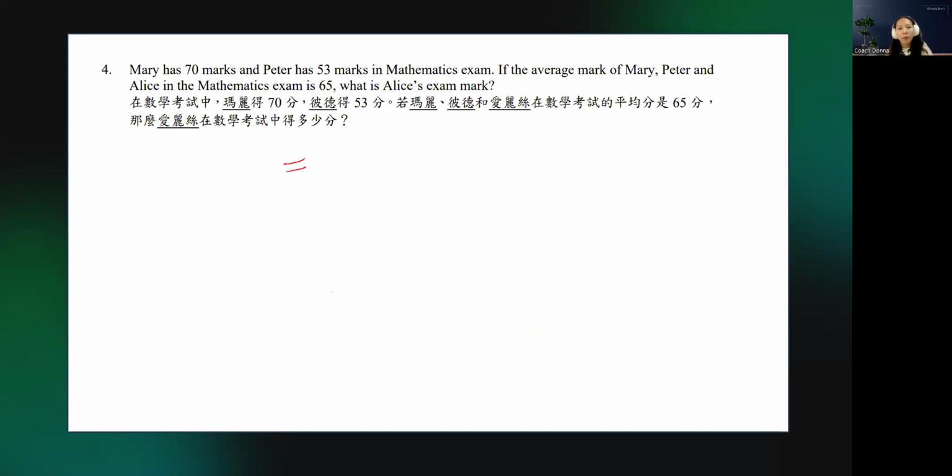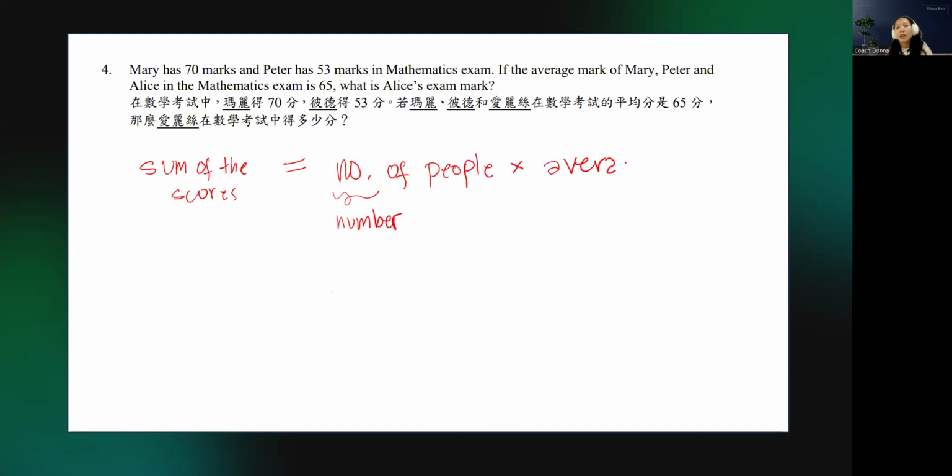The sum of the scores is equal to the number of people multiplied by the average mark. We can have this general formula.